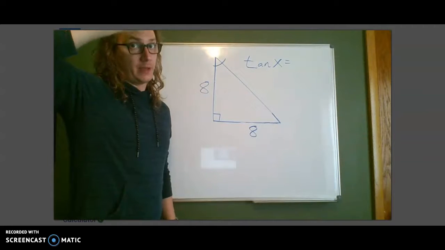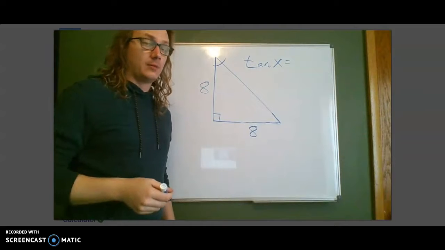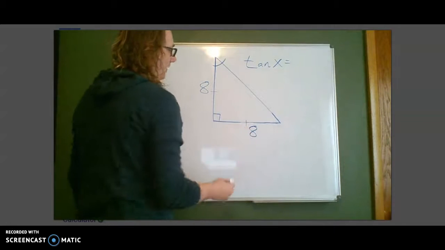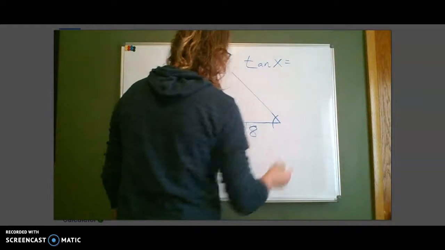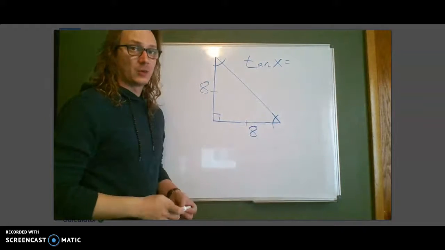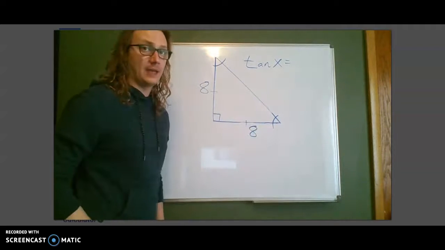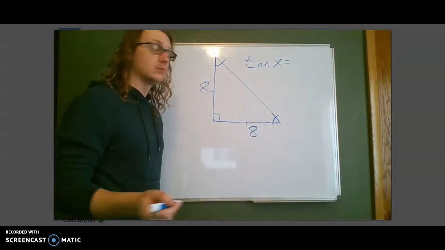For those of you remembering and using your thinkers, this is an isosceles triangle, right? Because I've got two sides that are congruent to each other. That is congruent to that. And if you recall, that also means that these are congruent. And an isosceles right triangle should mean that these are both 45 degree angles. Okay? So let's just do the equation and see if it works out.